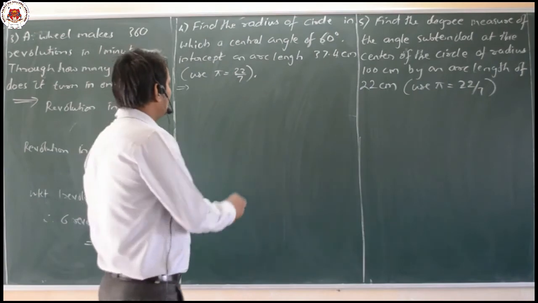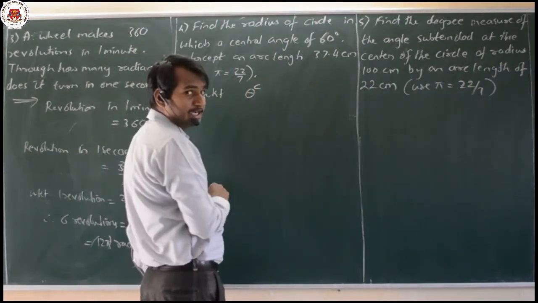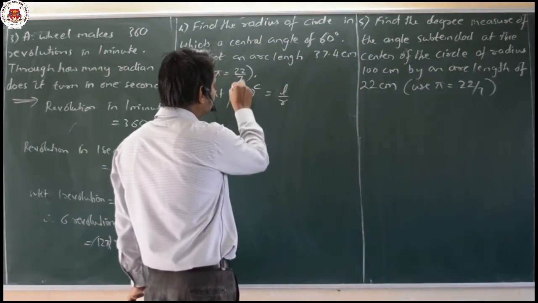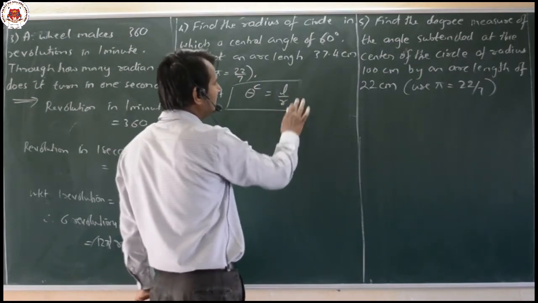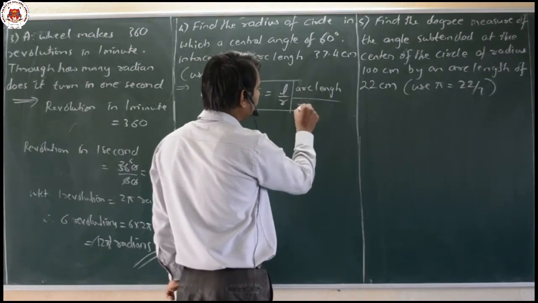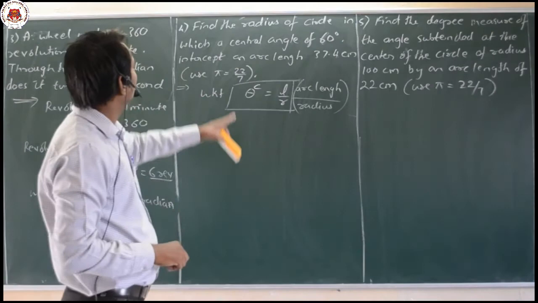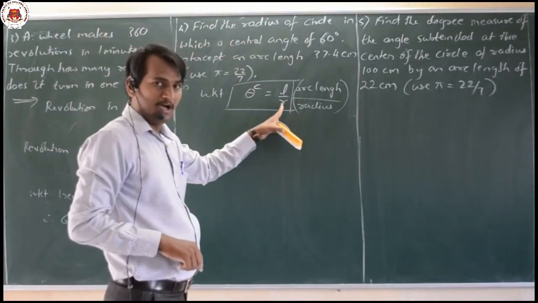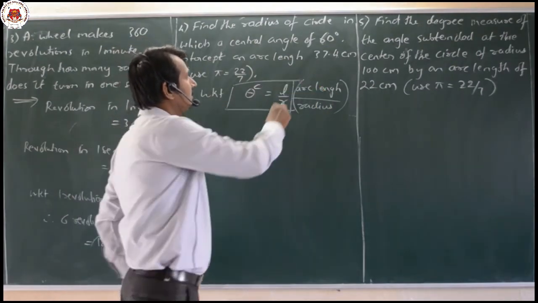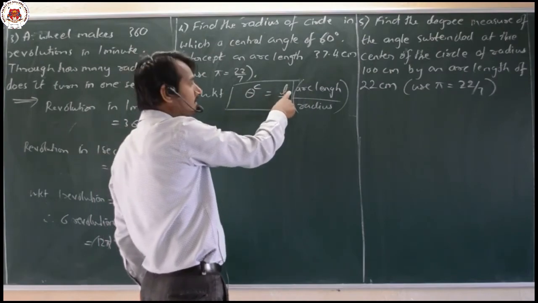We already know that theta in terms of radians is equal to L by R, where L is the arc length and R is the radius. Now they are asking for the radius R. The arc length of 37.4 centimeters is given for L.